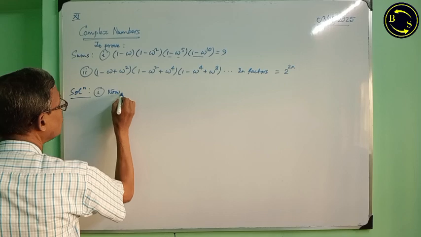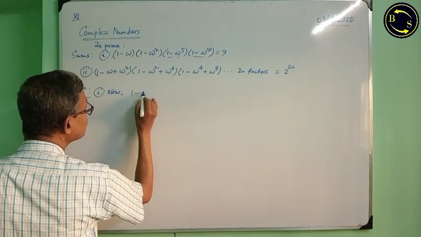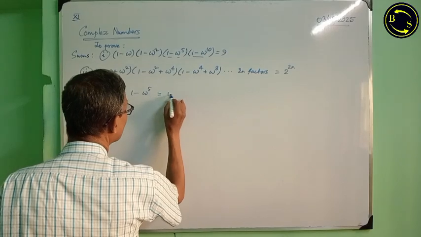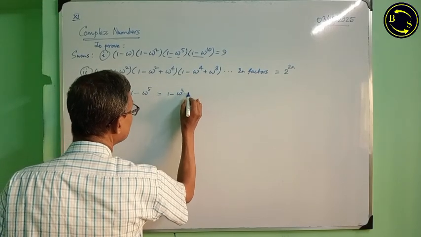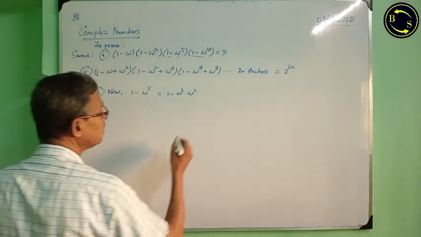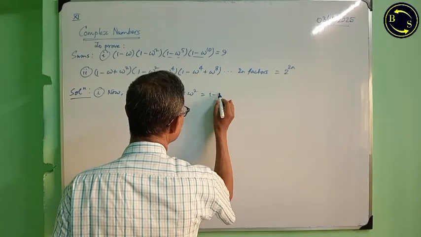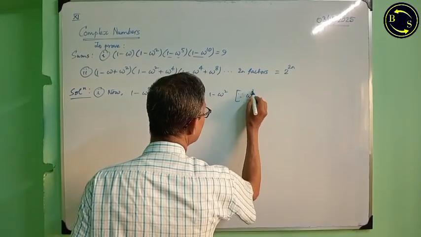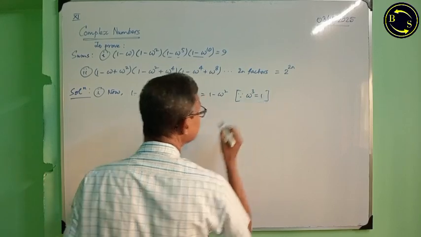Now, 1 minus omega to the power 5 is equal to 1 minus omega cube into omega square. That means 1 minus omega square, since omega cube is equal to 1.